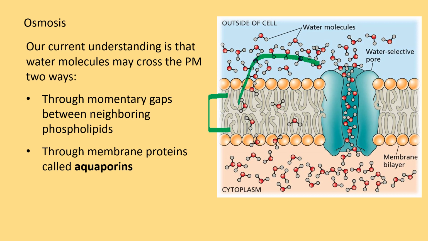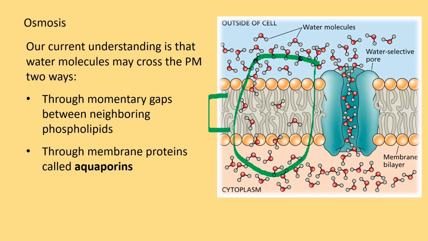So shown here in this part of the diagram, we think that water molecules can cross that plasma membrane because they slip through momentary gaps in between neighboring phospholipids. So those phospholipids on the extracellular side of the membrane and the intracellular side of the membrane are not fixed or static.